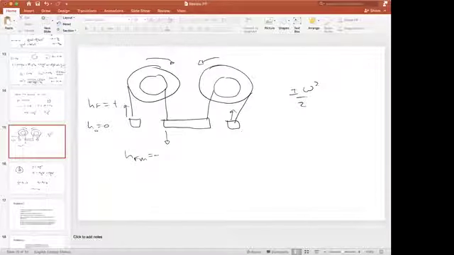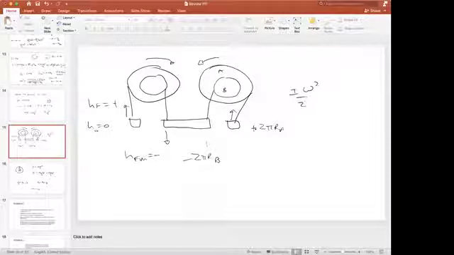If this thing spins around once, the distance this thing drops will be 2 pi RB. It's going to drop a distance of 2 pi RB in one rotation of this pulley. This guy's going to rise 2 pi RA. So this will be negative, this will be positive. I hope that makes sense to you guys.